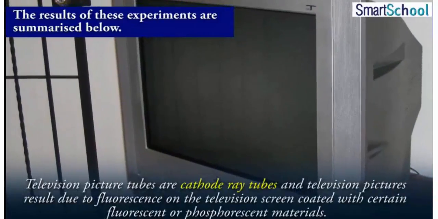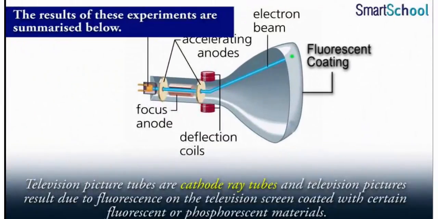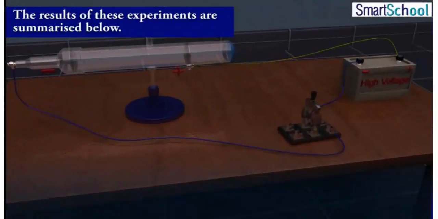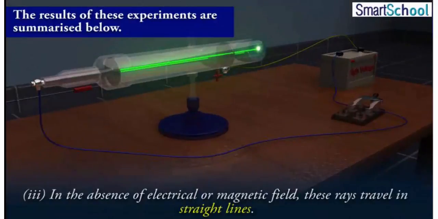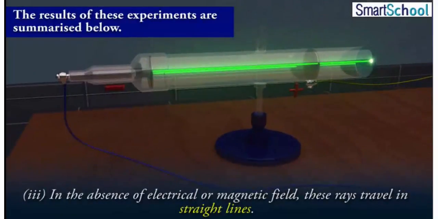Television picture tubes are cathode ray tubes, and television pictures result due to fluorescence on the television screen coated with certain fluorescent or phosphorescent materials. Three, in the absence of electrical or magnetic field, these rays travel in straight lines.